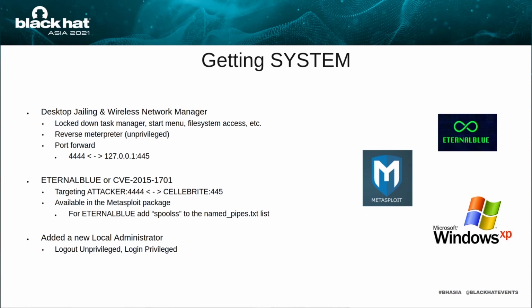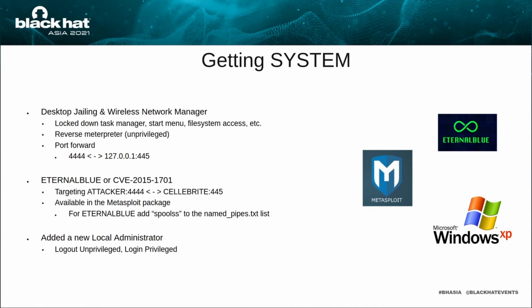So what I did was, you still have to be able to connect these things to the internet to receive updates, etc. So one of the features that is left available is the Windows Networking Manager. I used the Windows Networking Manager to open up a file dialog using a certificate-based authentication for wireless. And once I had a file dialog there, very similar to a Citrix escape, if anybody is familiar with those, I simply traversed to the System32 directory where I could hit cmd.exe.